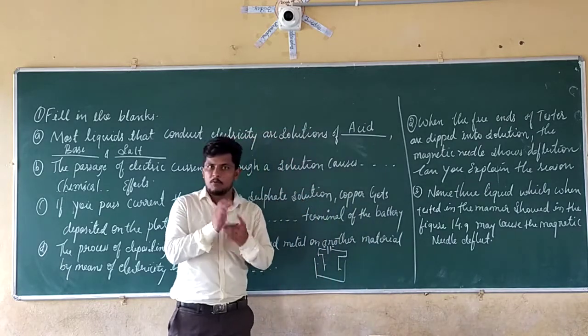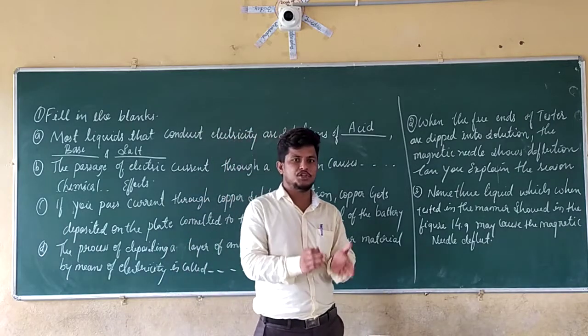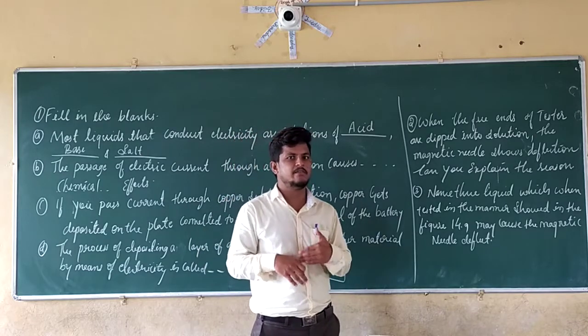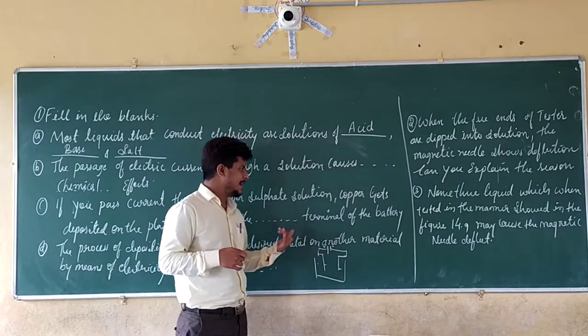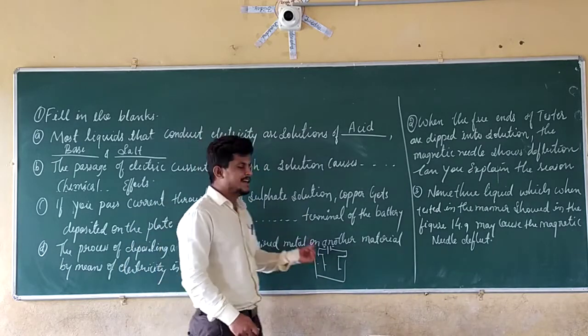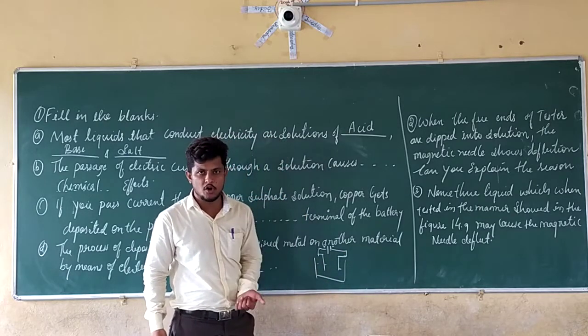We already know that unlike charges attract each other, whereas like charges repel each other. If copper has a positive charge, in which direction is it going to move and on which electrode is it going to deposit?